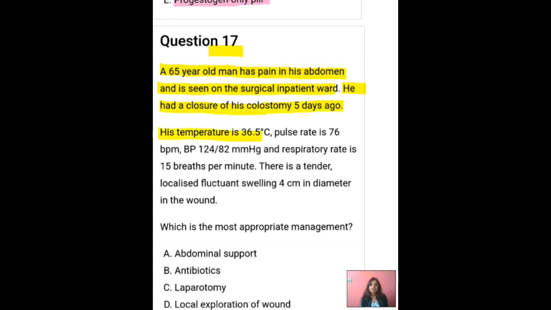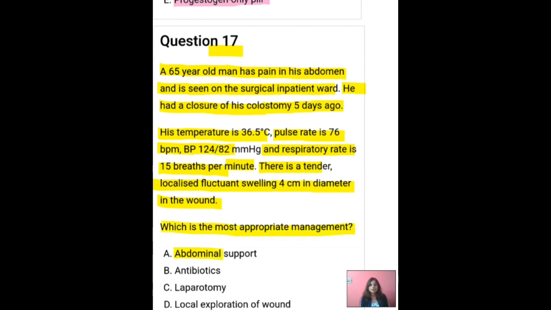His temperature is 36.5 degrees Celsius, pulse rate is 76 bpm, BP is 124 by 82, and respiratory rate is 15 breaths per minute. There is a tender, localized fluctuant swelling 4 centimeter in diameter in the wound. So, which is the most appropriate management over here?